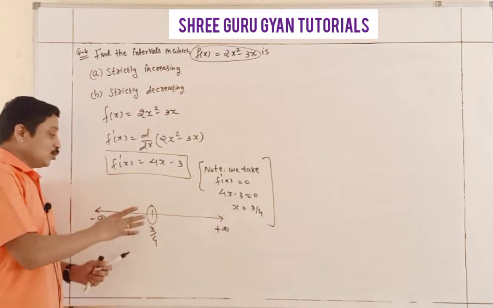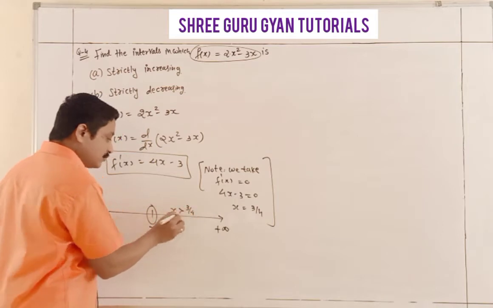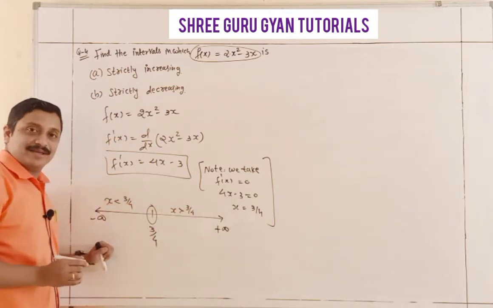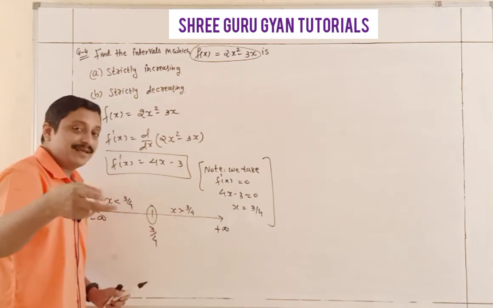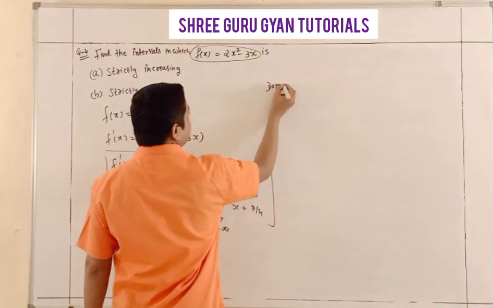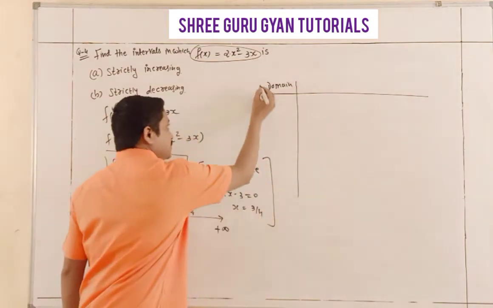There are two cases: x greater than 3/4 and x less than 3/4. It means this is one domain and that is the second domain, and two intervals come. So students, here I start with one of the domains and I start the solutions.